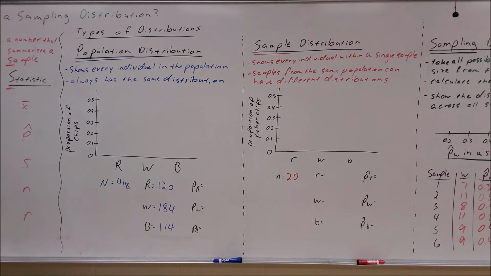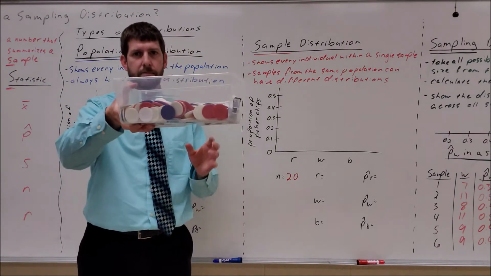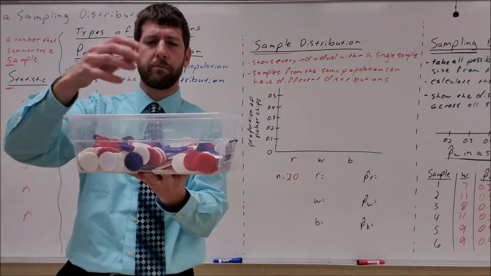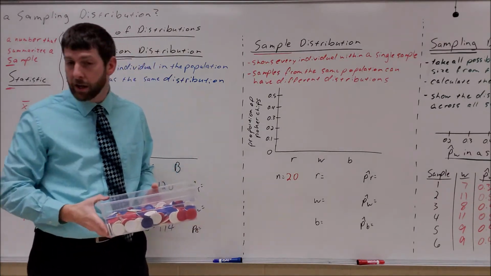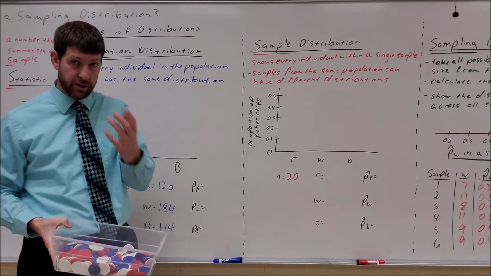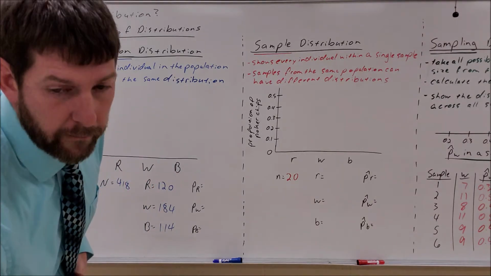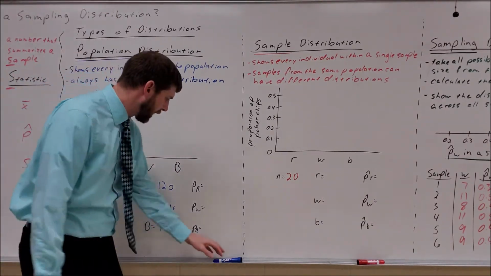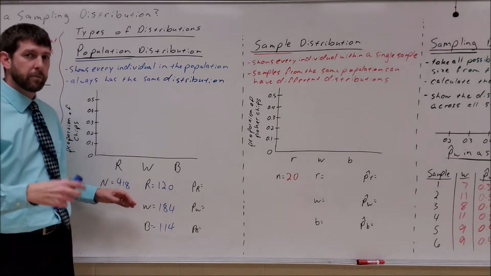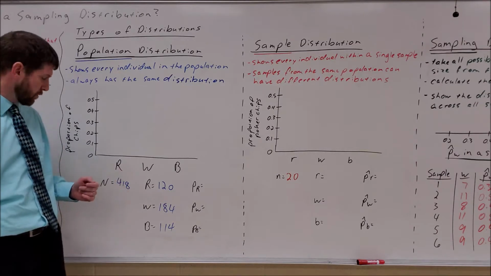So let's look at another one of my collections I've got here, and that's my poker chip collection. As you can see, I've got a lot of red, blue, and white poker chips here. And if I want to describe the breakdown of red, white, and blue, that's just a distribution. On that distribution, we know that we have 418 total poker chips.